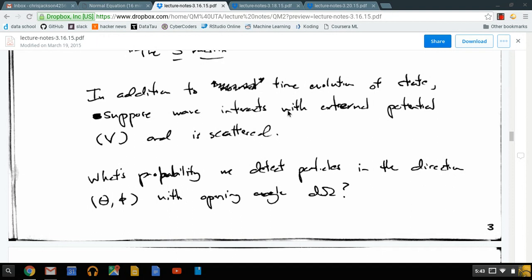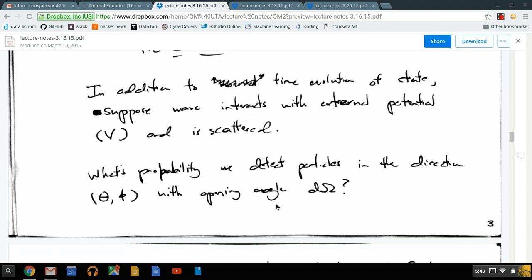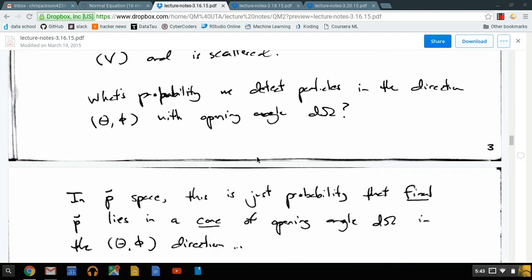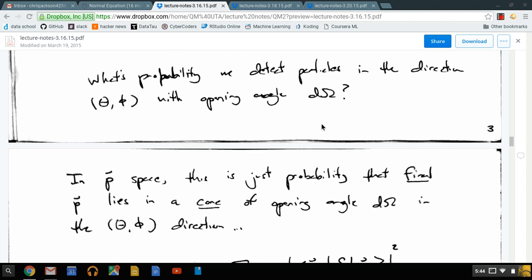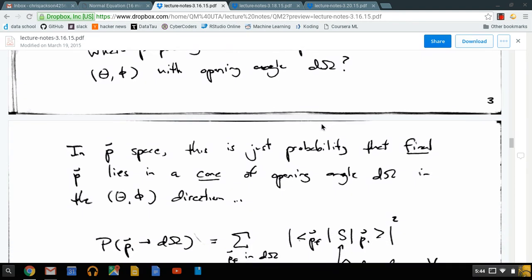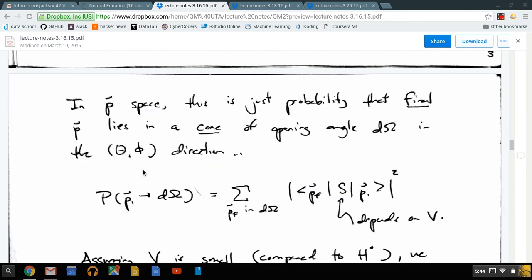And so, as always, our question in these scattering experiments is, what's the probability that we'll detect particles in this direction, and they have some opening angle d omega, right? And it turns out that in momentum space, this is just the probability that our final momentum lies in the cone of this opening angle, right?